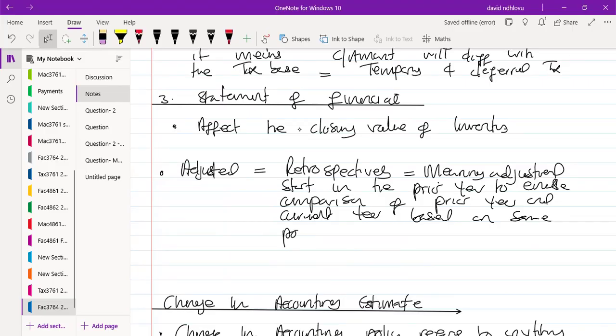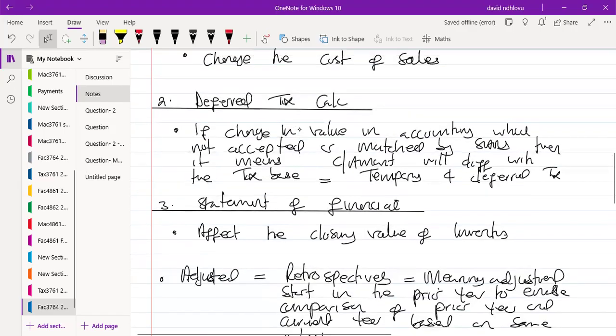So if we apply a retrospective adjustment, it means we also open up the prior year and make the adjustment in the prior year, so that when we present our accounts side by side, prior year and current year, and we do comparison, then the policy is uniform between the 2 years.